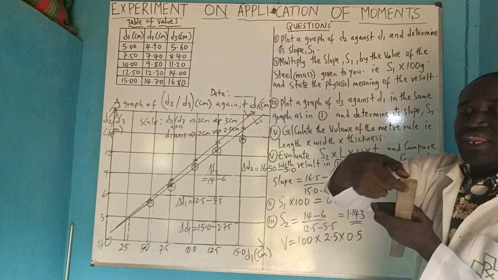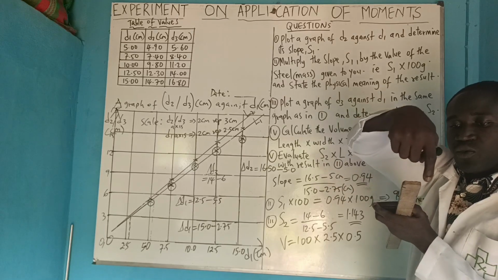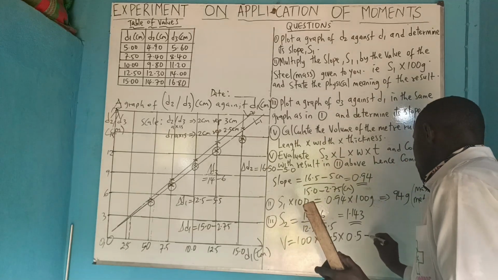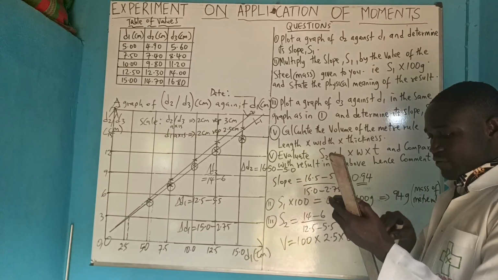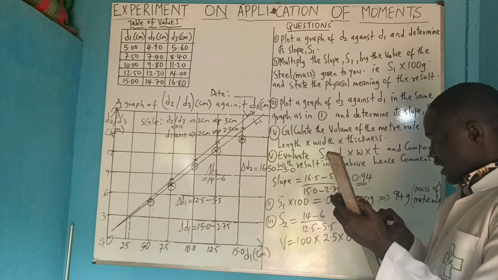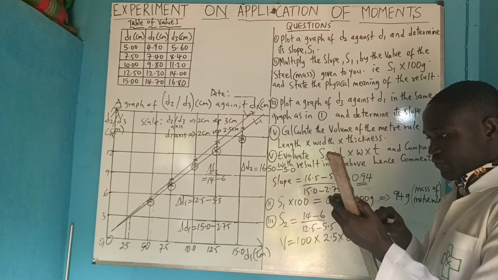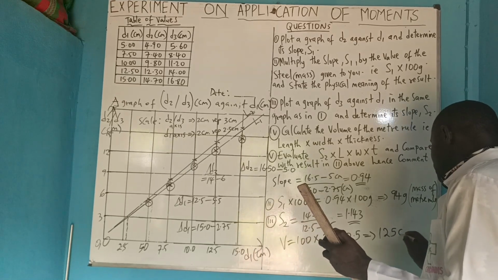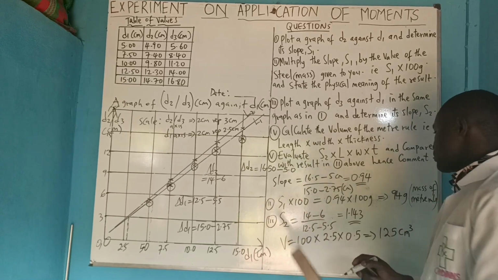You use your vernier caliper to measure the thickness of the meter rule. So when you do this, you will be having 100 times 2.5 times 0.5, and that will be giving you 125 centimeter cube.